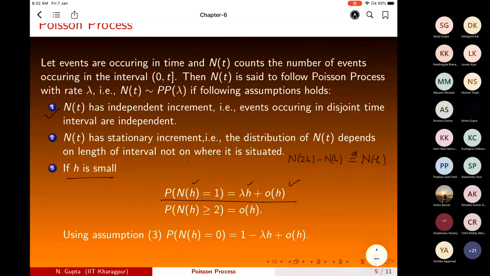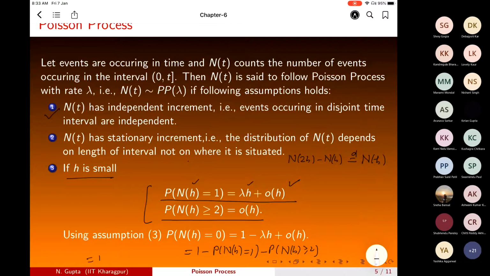So probability N(h) equals 1 is lambda h plus small o(h), and probability N(h) greater than or equal to 2 is approximately 0, and to take the real world situation, we take it as small o(h). So clearly from here, if we take these two assumptions, probability N(h) equals 0 will be 1 minus probability N(h) equals 1 minus probability N(h) greater than or equal to 2.